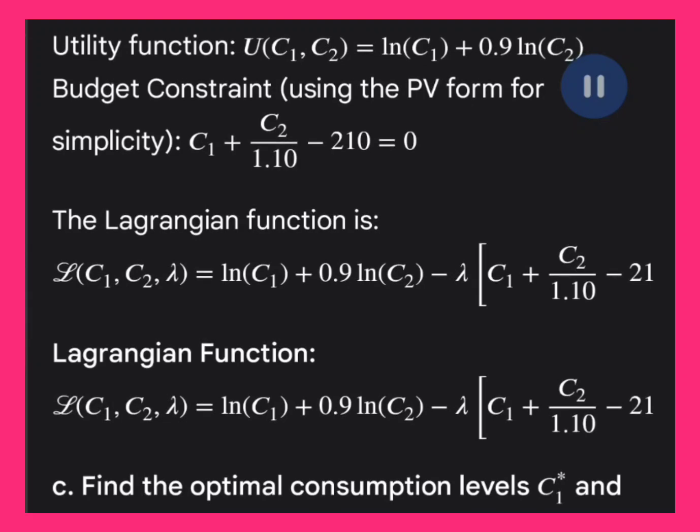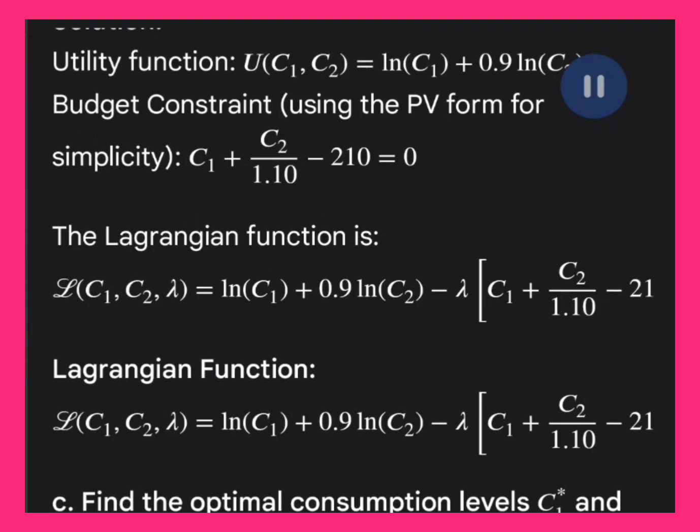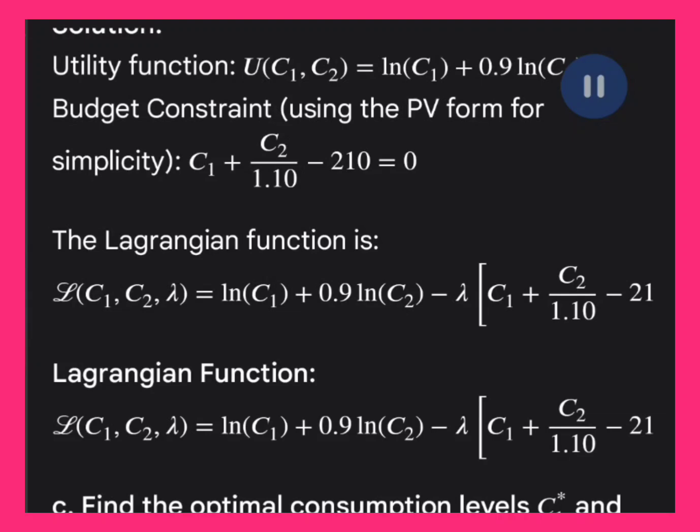Budget constraint, using the PV form for simplicity, C_1 + C_2/1.10 - 210 = 0.